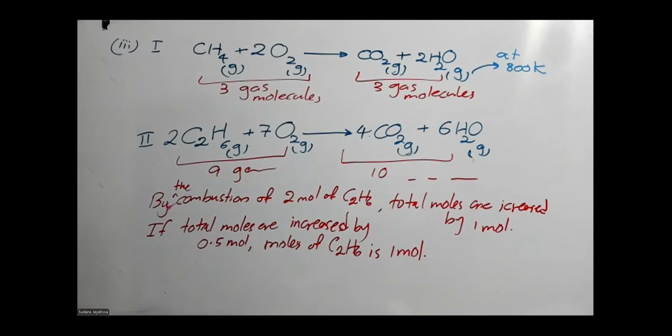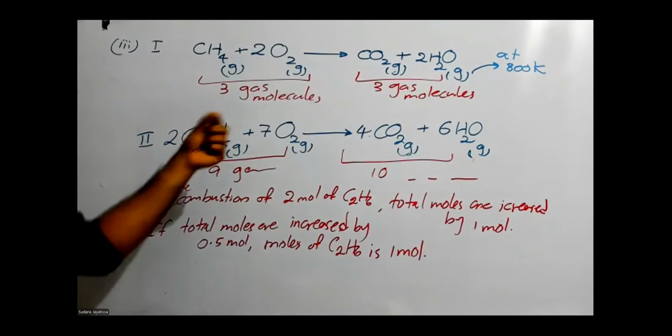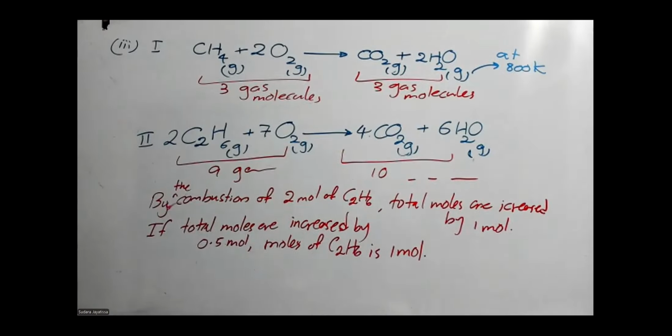Later when we discuss organic chemistry, we will learn the names for them, but right now it is the second gas, C2H6. If you combust 2 moles, total moles will be increased by 1. It went from 9 to 10, increased by 1 mole. But actually it increased by 0.5 moles, right? So therefore C2H6 should be 1 mole.